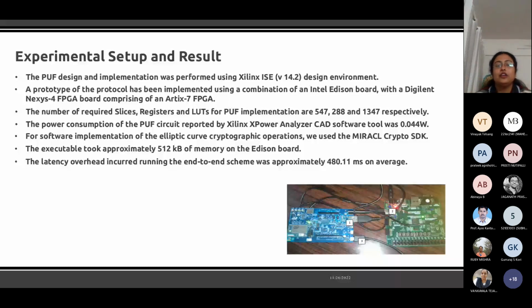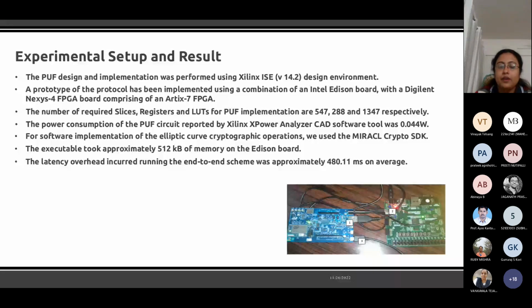As a result, you can write your protocol and crypto library in the ARM part, and whatever you need to implement in hardware you can do in the FPGA part. They also use the Artix-7 FPGA, and as a result this latency will reduce drastically if we use FPGA boards with an inbuilt ARM processor.